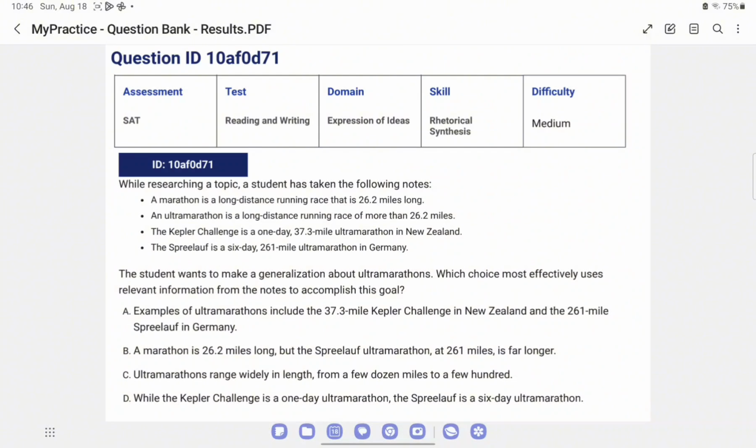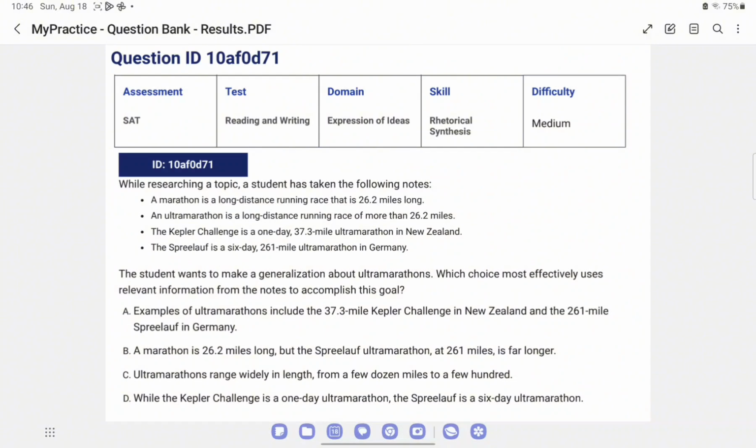Okay, the student wants to make a generalization. So A: examples of ultra marathons include the 33.7. Okay, this is getting way too specific. Yeah, so A is just too specific. We're trying to generalize. B says a marathon is 26.2 miles long, but the Spreeloff ultra marathon at 260 miles is far longer.